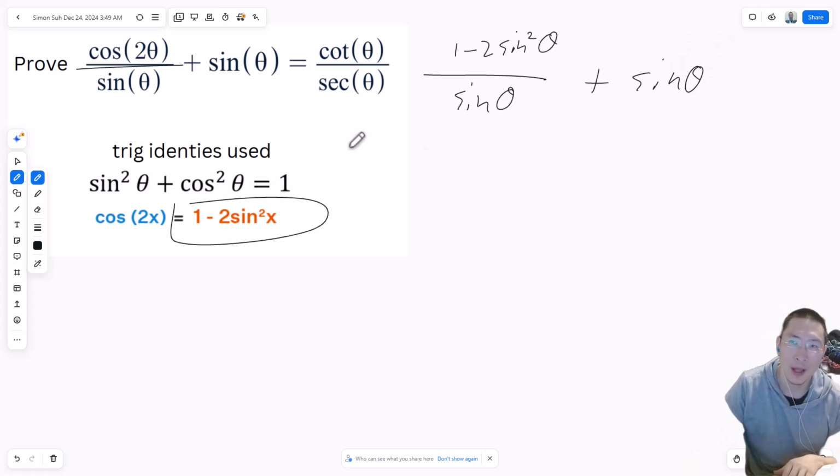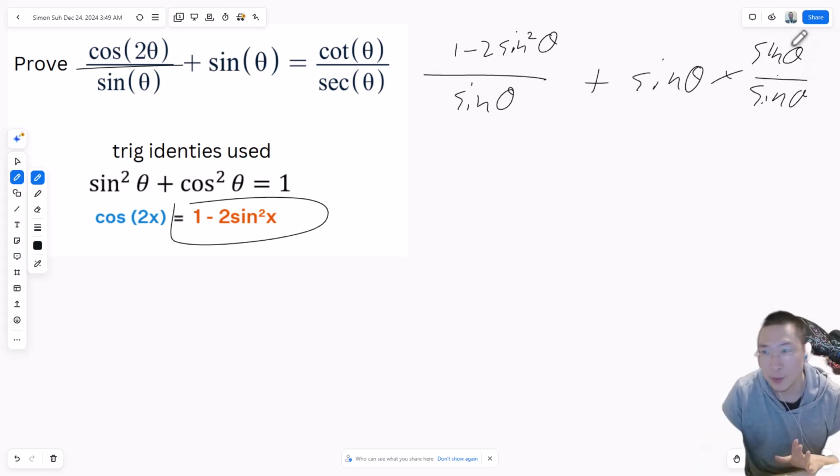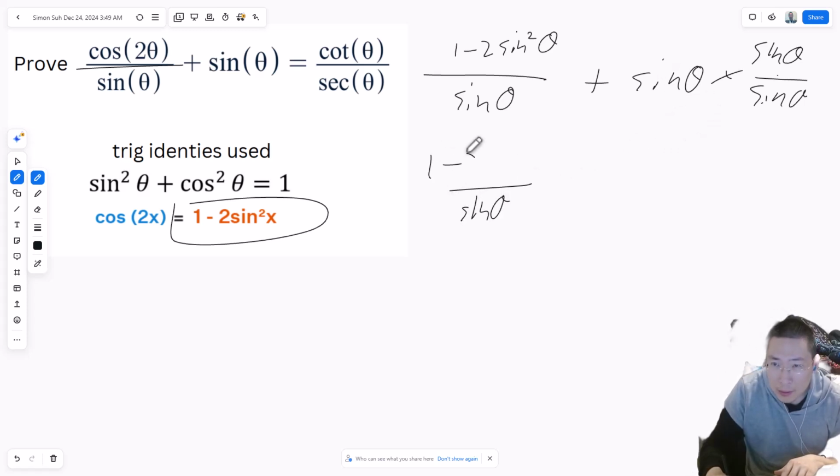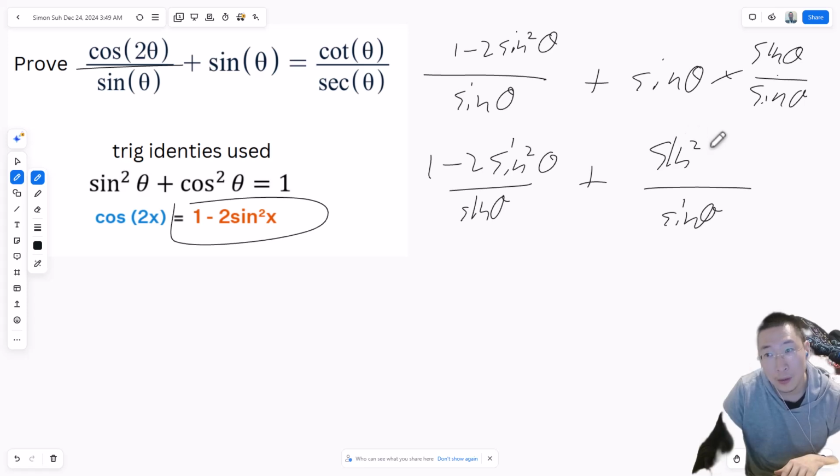Second step, we have to combine the like terms. So if we multiply this by sine theta over sine theta, which is just a fancy way of writing 1, then we get sine theta times 1 minus 2 sine squared theta, plus sine theta on the denominator, and on the numerator we get sine squared theta.